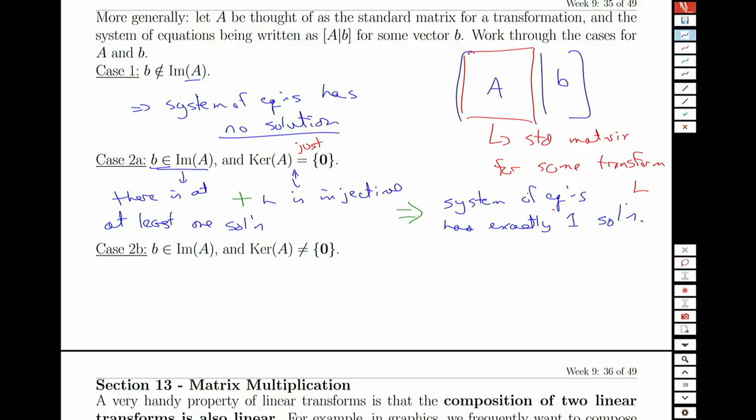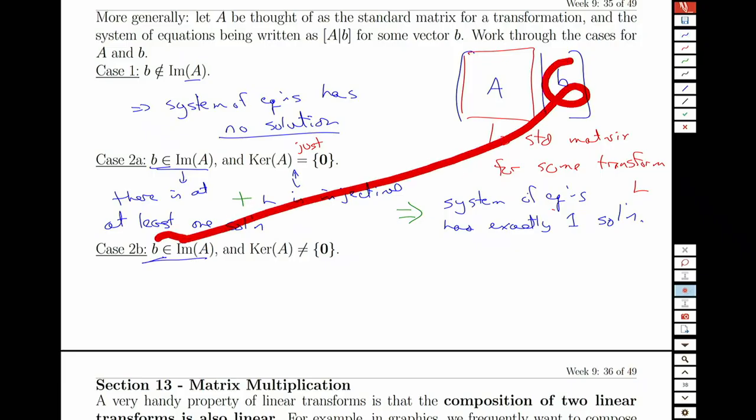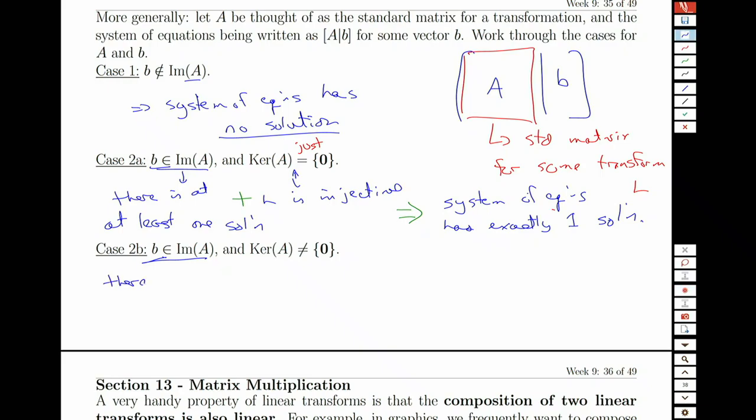And then we go to the third one, which is the obvious third option. We have the same right-hand side, our B vector here, is in the image of A. I can reach this B vector with this linear transform. That means when we think about the system of equations, there is at least one solution. At least one solution.